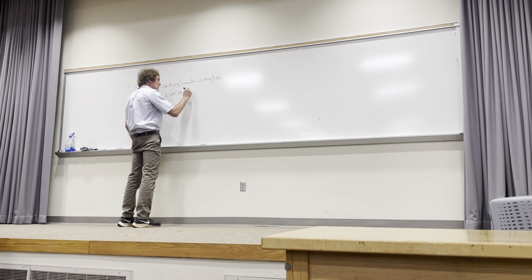All right, next. What is omega by inspection? 2 pi times 6 times pi times 10 to the 6th, right? That's radians per second, right, class? All right, what's beta by inspection? 0.08 pi, right?